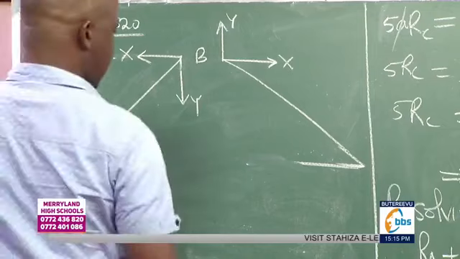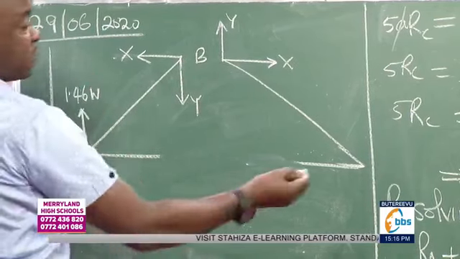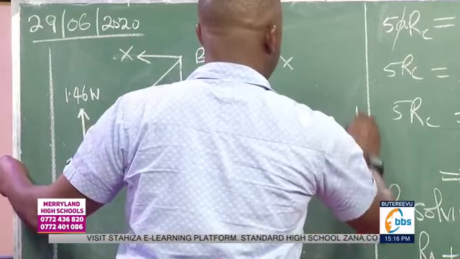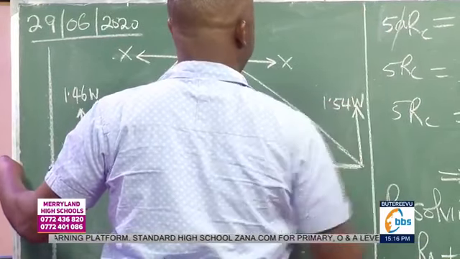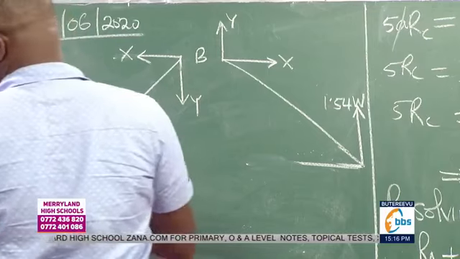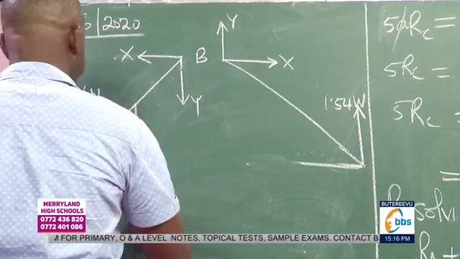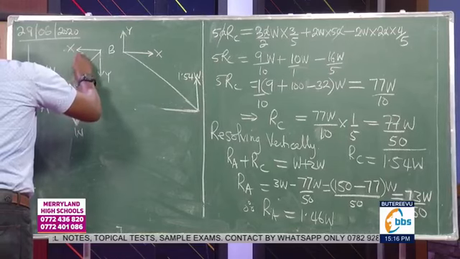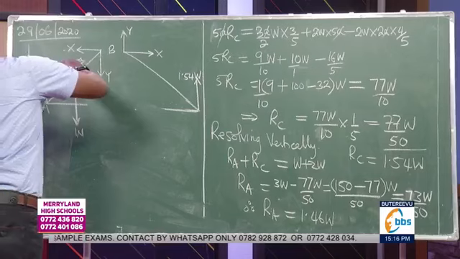Our reaction at point A is 1.46 W. You could still put your 73 out of 50, and our reaction here is 1.54 W. We could still put 77 out of 50. This rod was 3A, so if I put the weight, which was W, this would be 3A half, and this would be 3A half. 3A over 2, I call it 3A half.